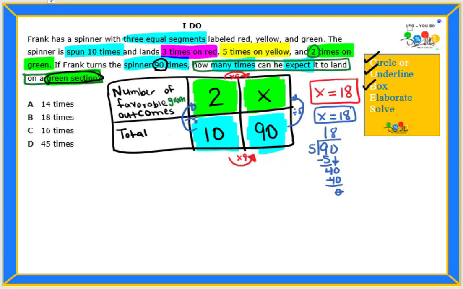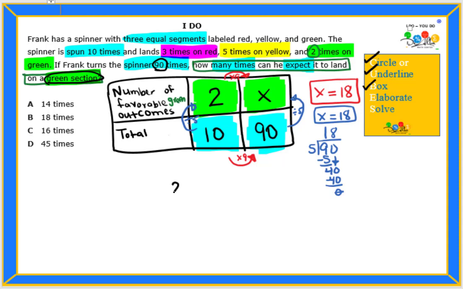And finally, the way I'm going to solve this is with a proportion, but we always want to look for those relationships. You see how those relationships can help you find the answer? And if you can't find a relationship that's simple enough for you to work it out the way we just did, then we use our proportion method.